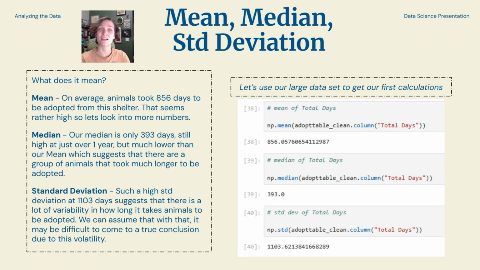It suggests that there is a group of animals that took much longer to be adopted, and our standard deviation supports that. We have a high standard deviation at 1,103 days, which suggests a lot of variability. That does also mean that we can potentially assume it will be difficult to come to a true conclusion due to this volatility.